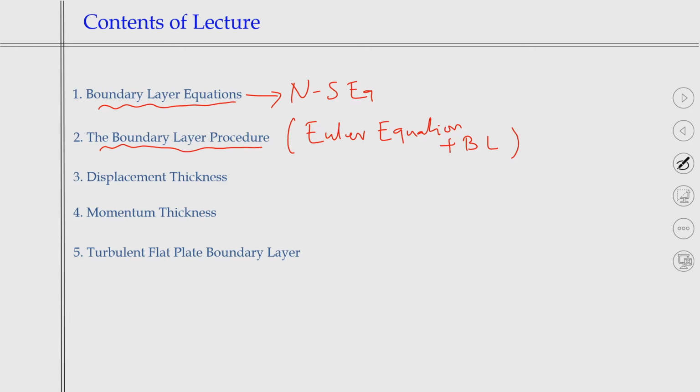And one of the cases, the laminar flow, is what we will discuss today: how for a laminar boundary layer we can approximate it and get the solutions. Also we will discuss what the assumptions behind these boundary layer equations are, which we should know.